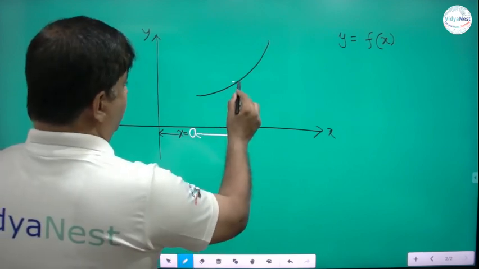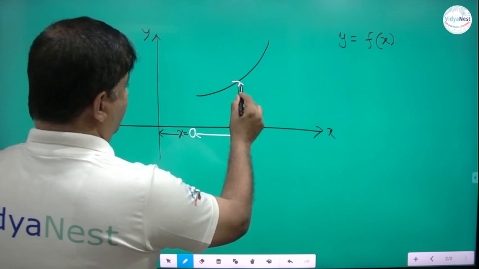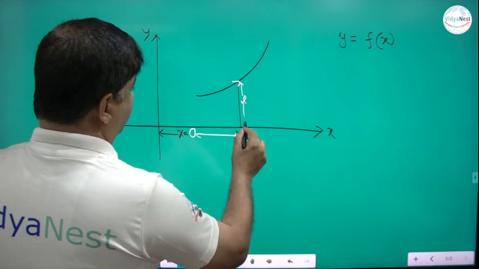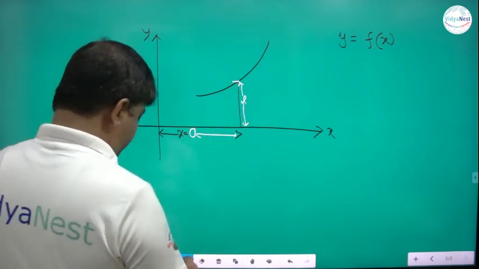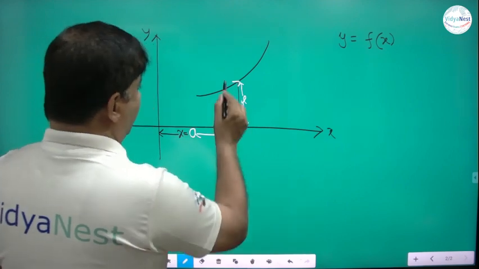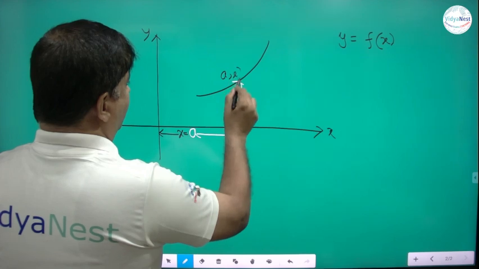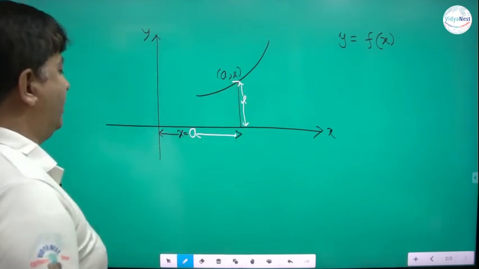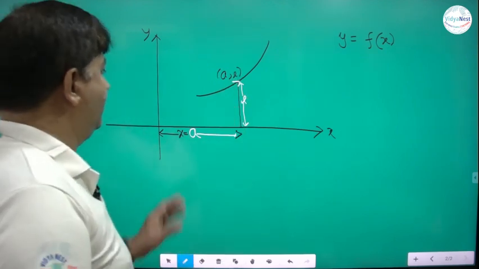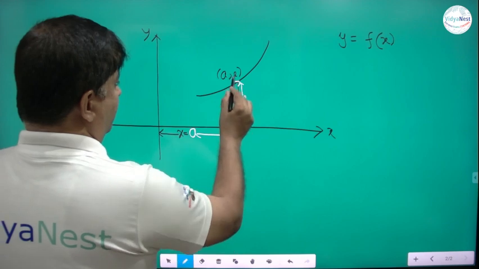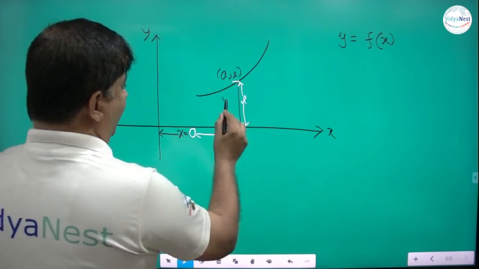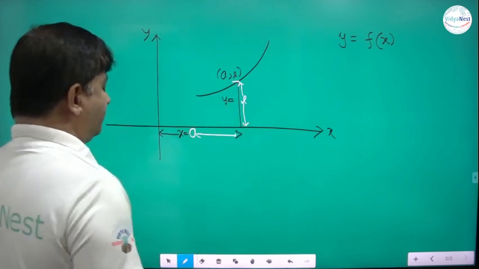Then he or she can get marks L. So this point must be what? (a, L). Okay. Here x is a, y means f(x) is L.